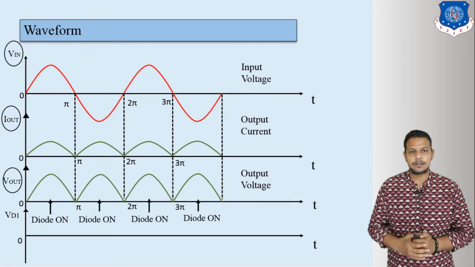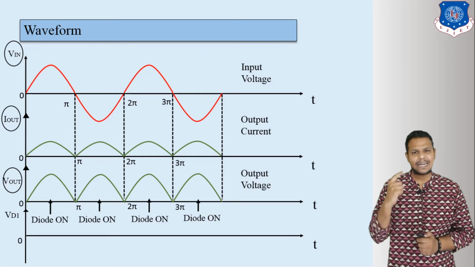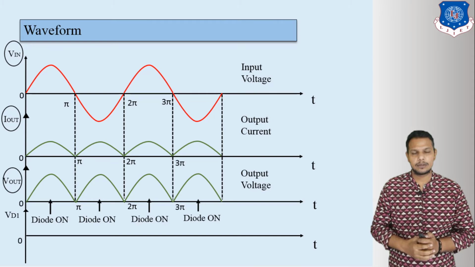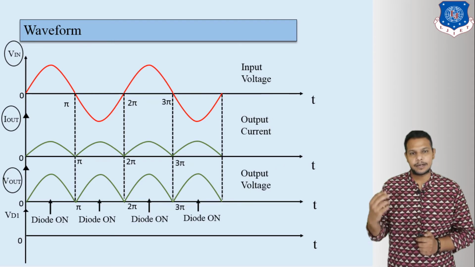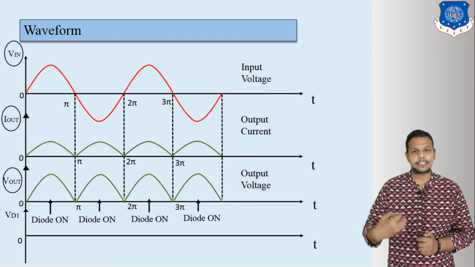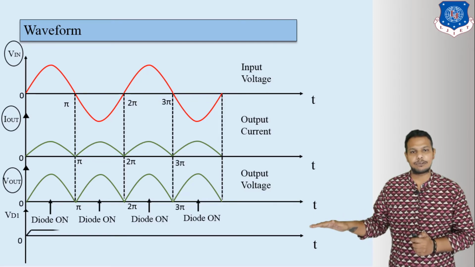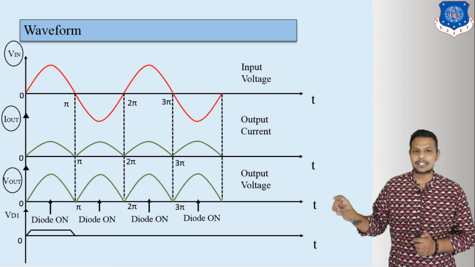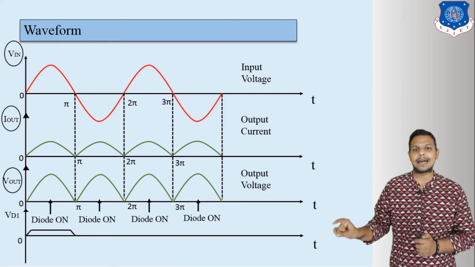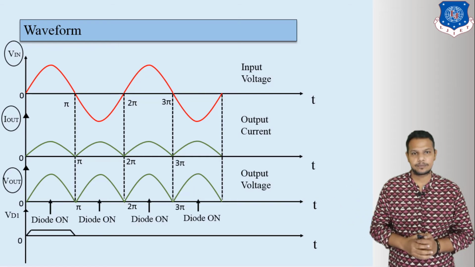VD1 means the voltage across any one diode, that is, the voltage across diode D1. Now if we measure the voltage across diode D1, we will get a waveform like this. This indicates that if the diode is on, at that time you get 0.7 volts across this diode.